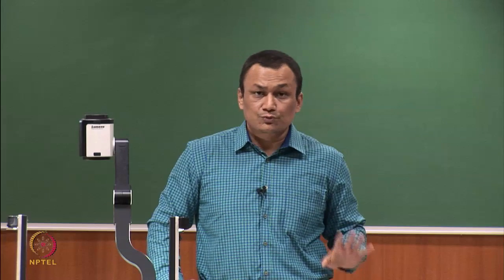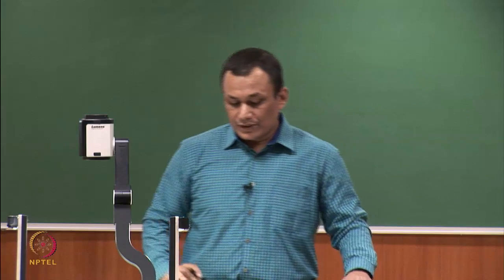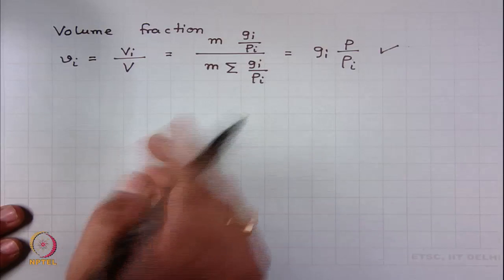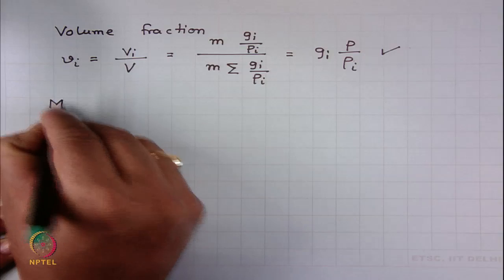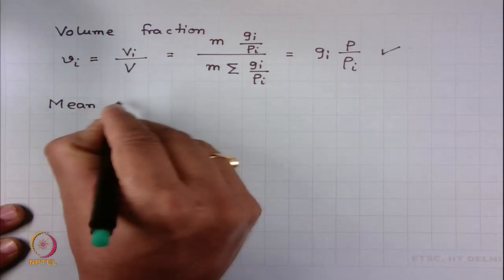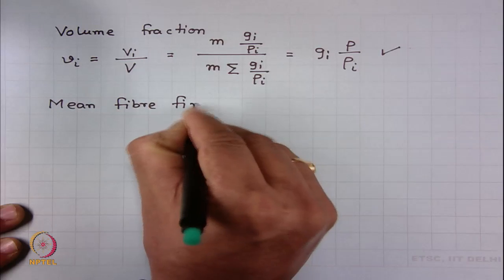So, by now we know about two fractions or two proportions, one is the mass fraction, second is the volume fraction. Now, we come back to another important characteristic of the blend, the mean fiber fineness.